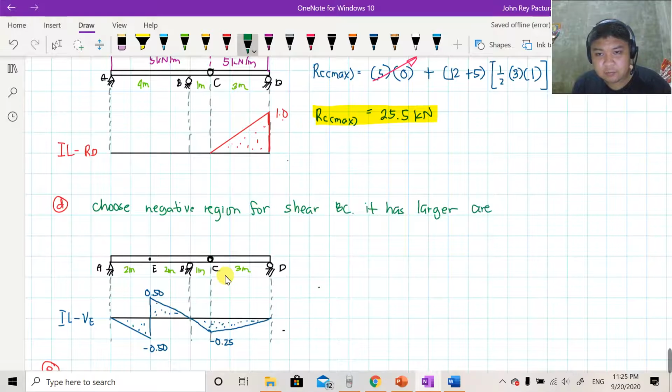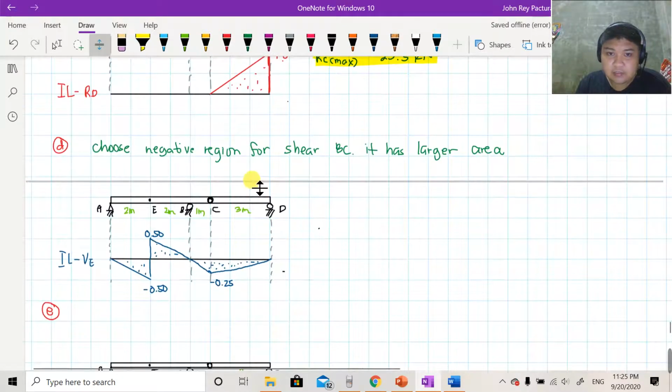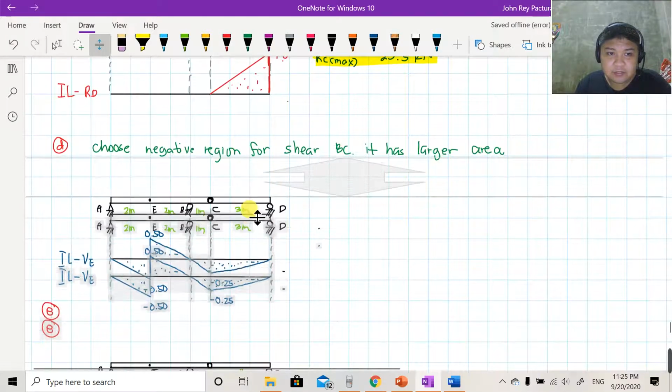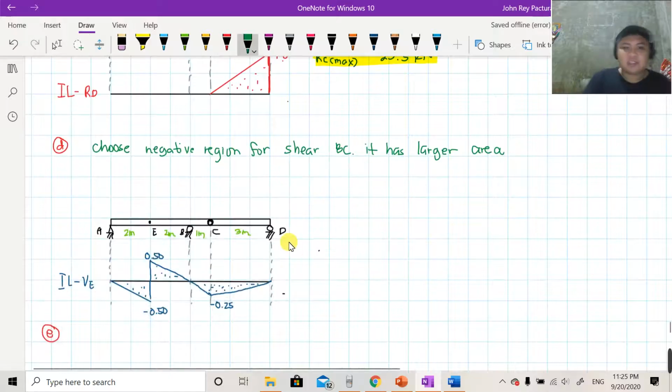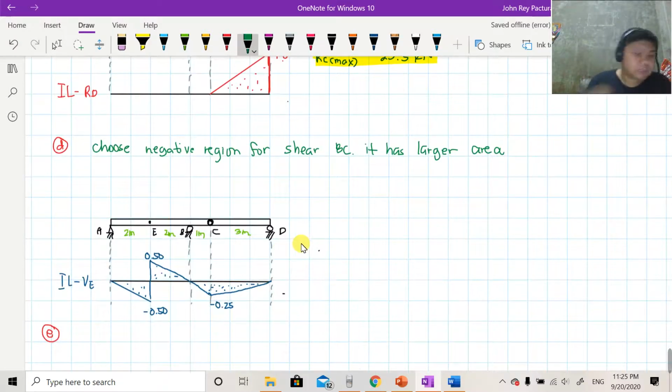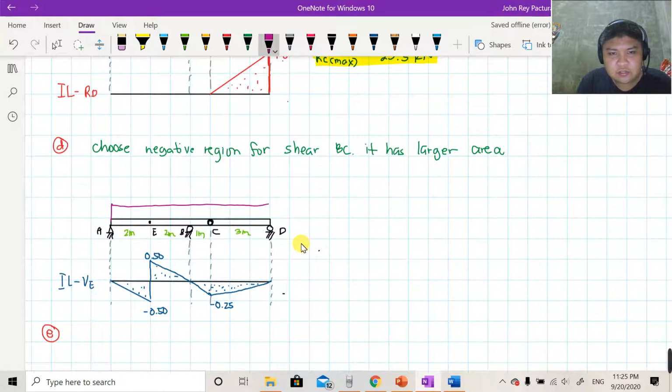Okay, so I hope that is clear. Pinakita ko na kanina kung paano natin na-determine na mas malaki nga yung area. Since negative shear yung magro-rule, class, always apply the unit load or the dead load of 5 kilonewton per meter all throughout.